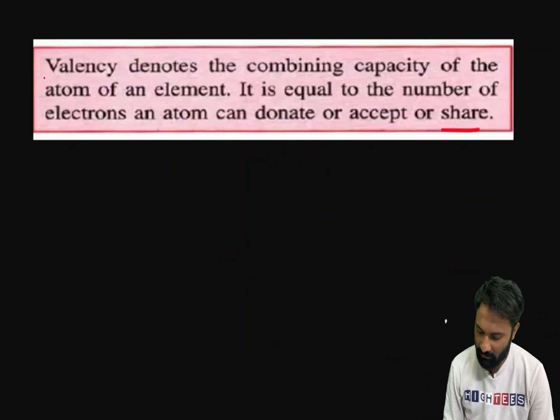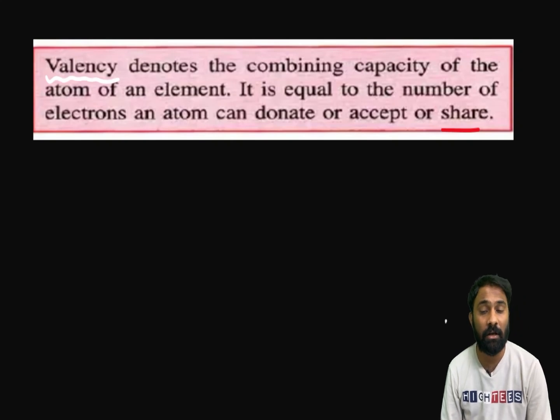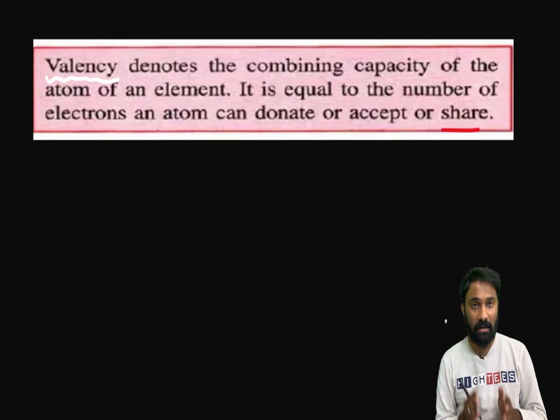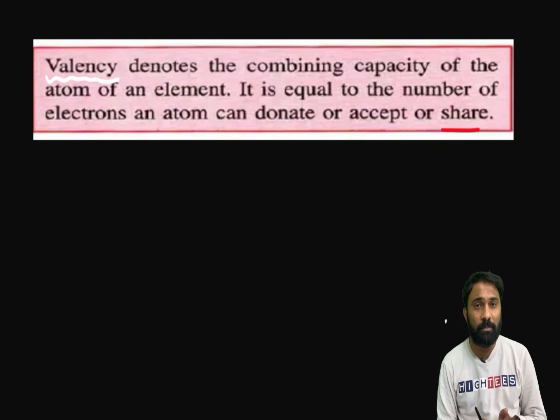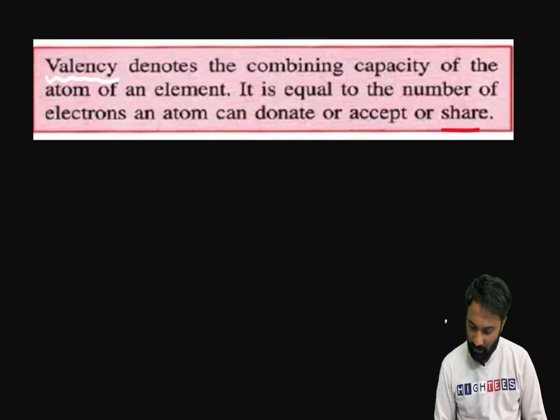Sir, what is the meaning of valency? What are we going to see in valency? Valency means, for the left to right elements or second period elements, the number of electrons that participate in bond formation is known as valency.